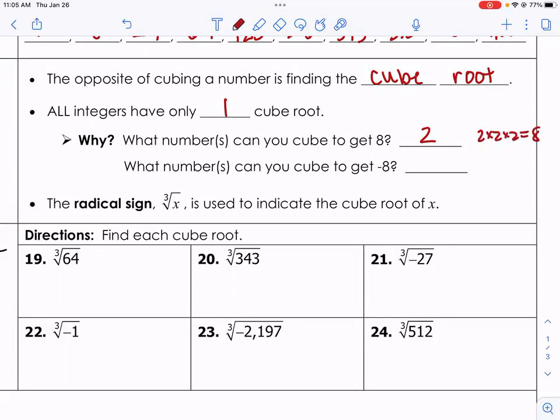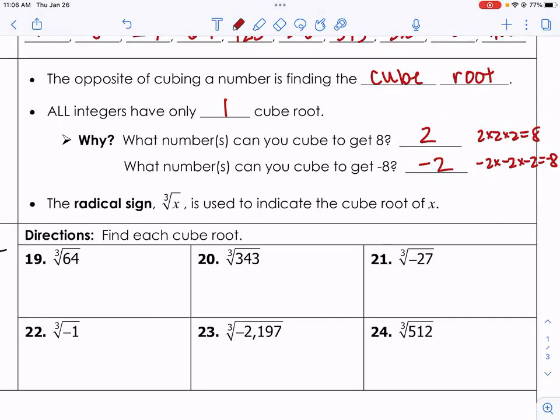Now what about negative 8? Negative 2 times negative 2 times negative 2 is negative 8. So we can have negative numbers underneath a cube root. That is okay. It's not okay under a square root, but it is okay under a cube root.